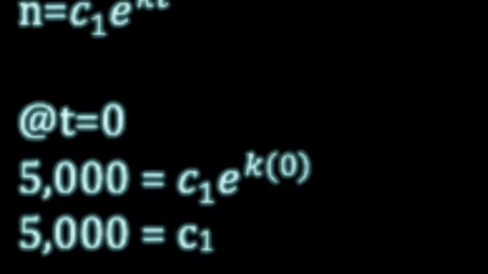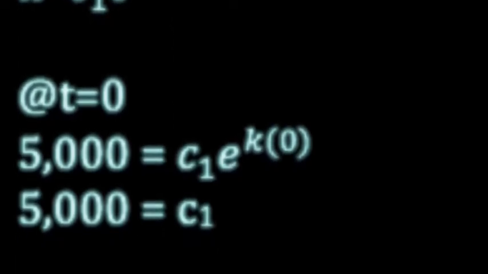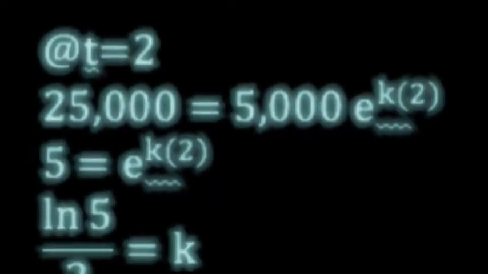So going to our problem, we just plug in the values at t equals 0. At t equals 0, n is equal to 5,000. Plugging it in, 5,000 equals c sub 1 multiplied by e raised to k times 0. Solving this, we get 5,000 equals c sub 1.